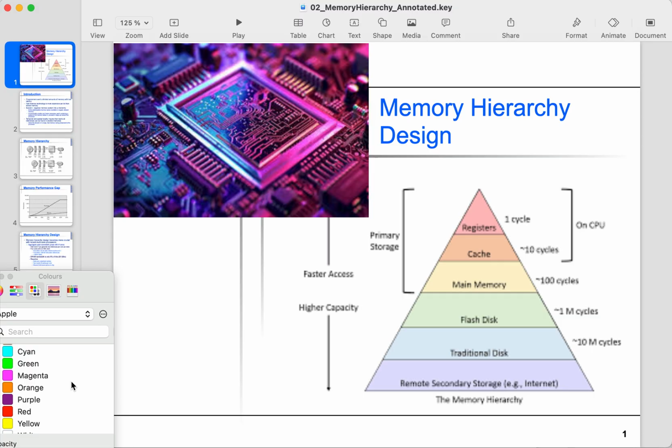We have seen the machine level language or the processor instruction set, and we have also seen the higher level language and then the applications on the top.